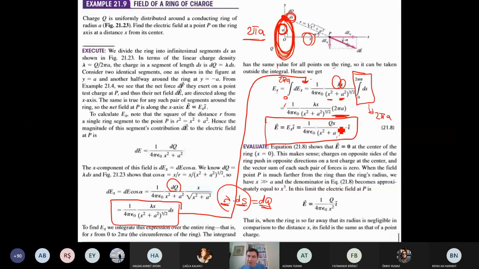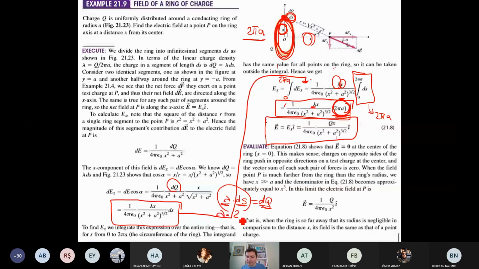So where does this q come from? Here in this equation, there is no q. But how to get this q? Look at this one. This is the total length of the ring, okay? And this is the linear charge density. If you multiply the linear charge density and the length of the ring, the circumference of the ring, then you will calculate the total charge of the ring.